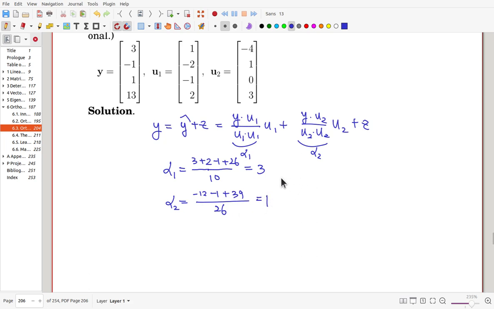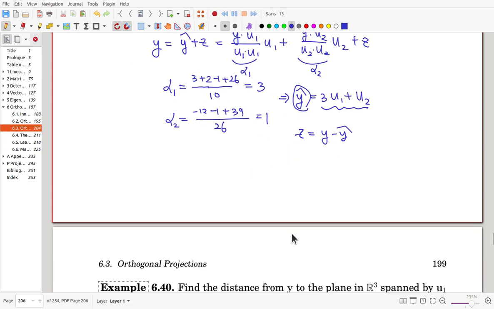So from here, y hat is the same as 3u1 plus u2. You can get it quite easily. And after getting y hat, you can find z, and z is y minus y hat, and the distance from y to w is the norm of z. You can finish it yourself easily.